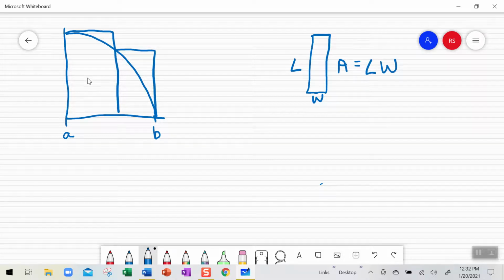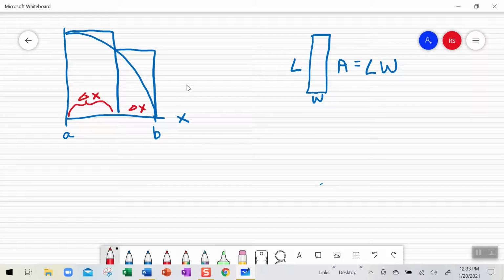And so, since this is the x-axis, I can call this distance here, let's go to red, delta x. It's a change in x. And so this is also delta x.